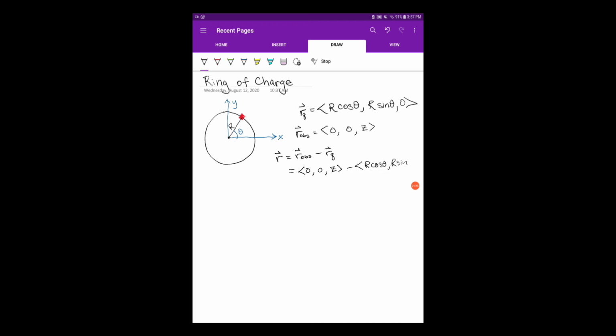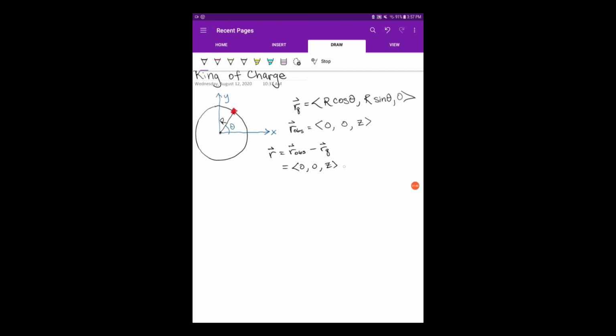Let me clean that up. And we can calculate the magnitude of that using the Pythagorean theorem.